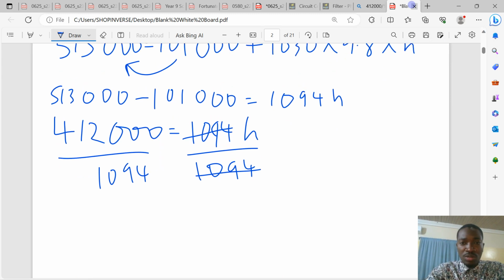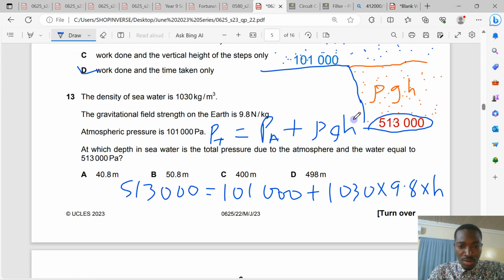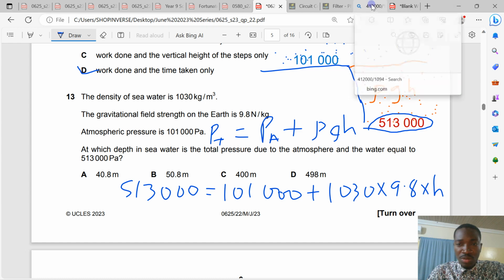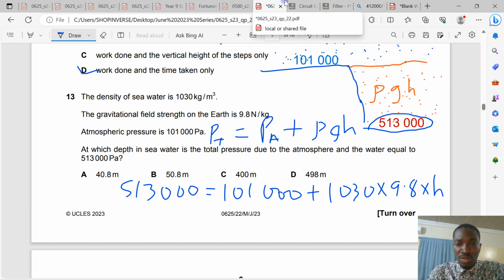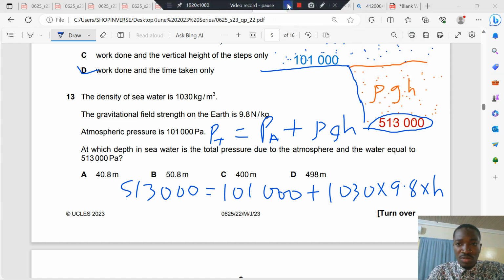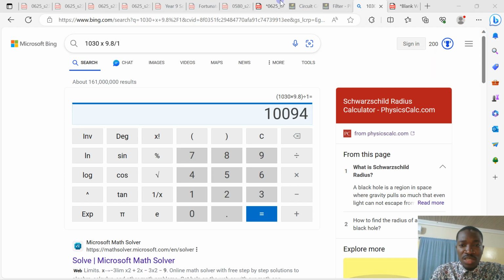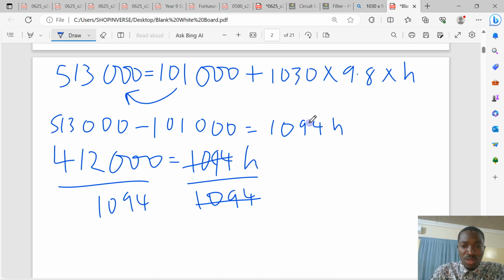Let me check the options. No, something must have been missed somewhere. Let me check what we missed. Okay, this is 10,094, not 1,094. I mistakenly wrote 1,094. So let me complete it as 10,094, and put all those zeros there.